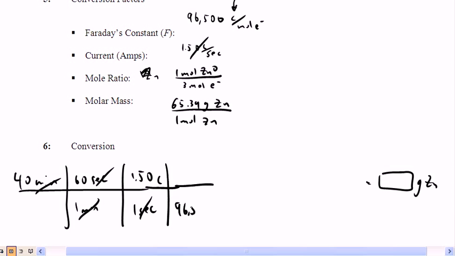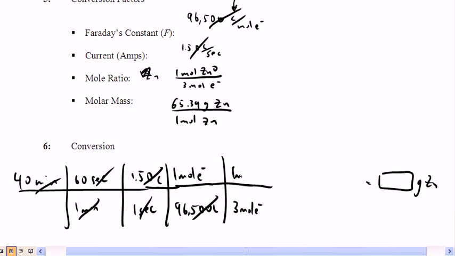And in every 96,500 coulombs, we have 1 mole of electrons. And there are 3 moles of electrons per every 1 mole of Zn. And per every 1 mole of Zn, it is 65.39 grams.